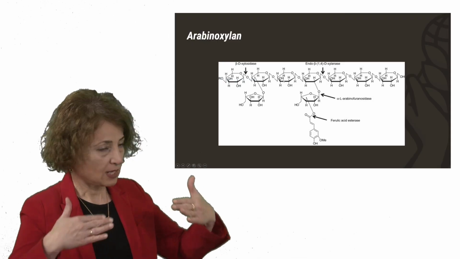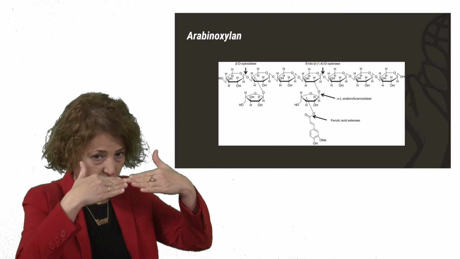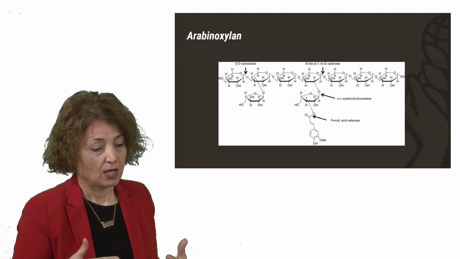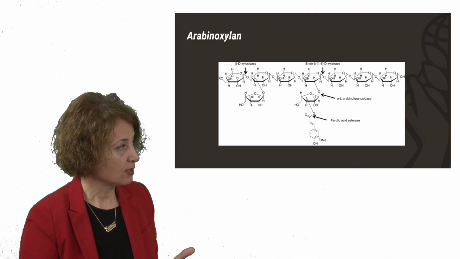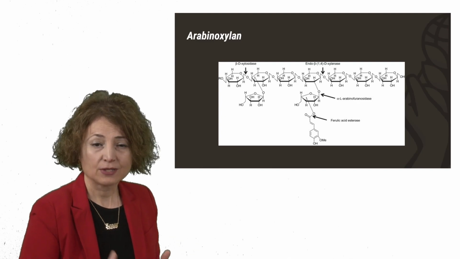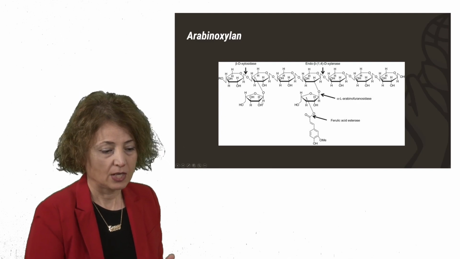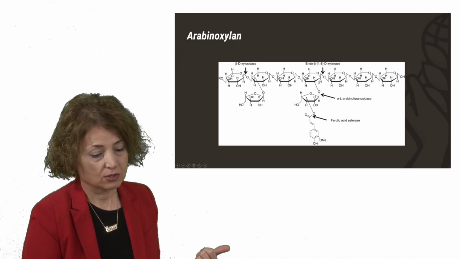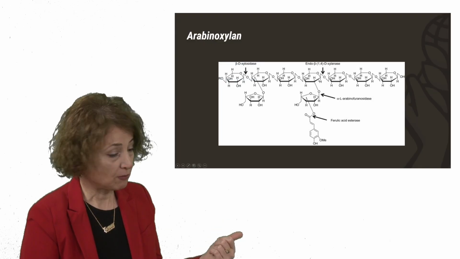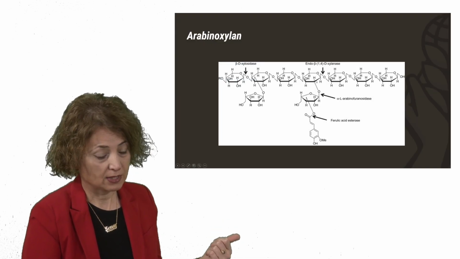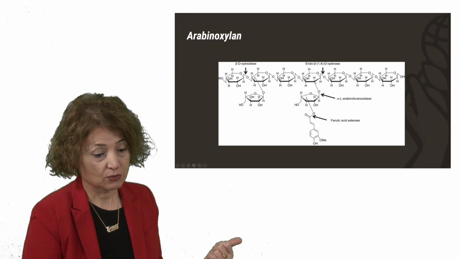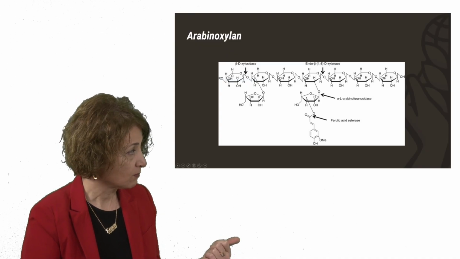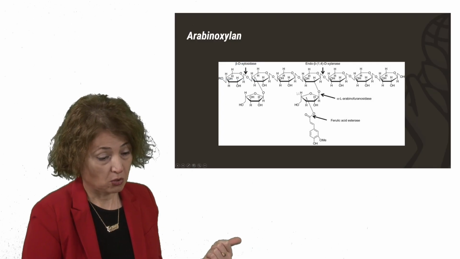So in arabinoxylan, the backbone is a 5 carbon sugar linked in beta linkage. And we can have some decoration, some addition to the structure: another 5 carbon sugar, arabinose. When we number these carbons, this is 1 and this is 2. So arabinose could be in the 2 position or the 3 position, like in this figure, or it could be in both of them.